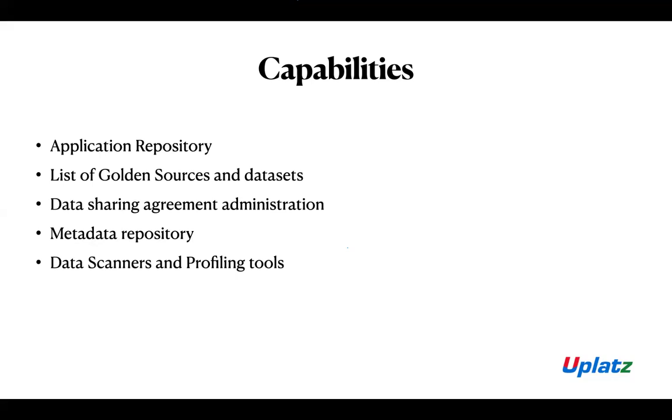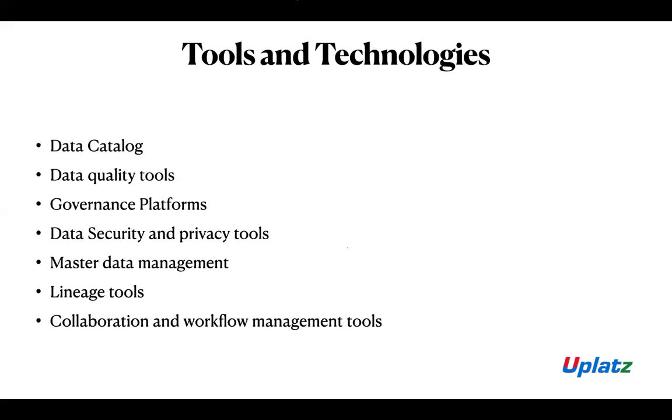So now we'll go back to our previous slide to discuss the data catalogs, data quality tools, etc. The field of data governance has evolved significantly over the period of time with advancements in tools and technologies that facilitate better data management, compliance, and security.